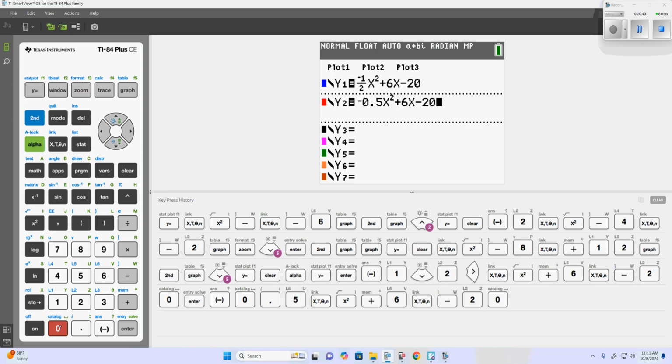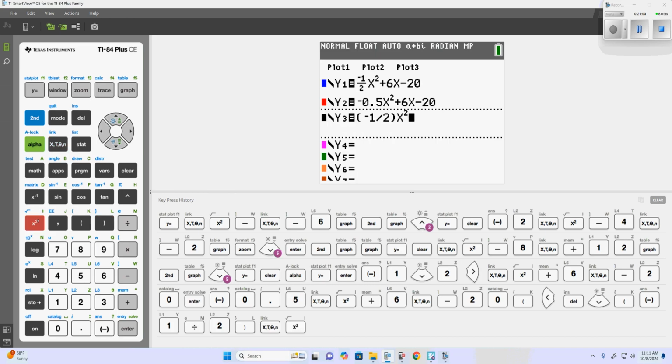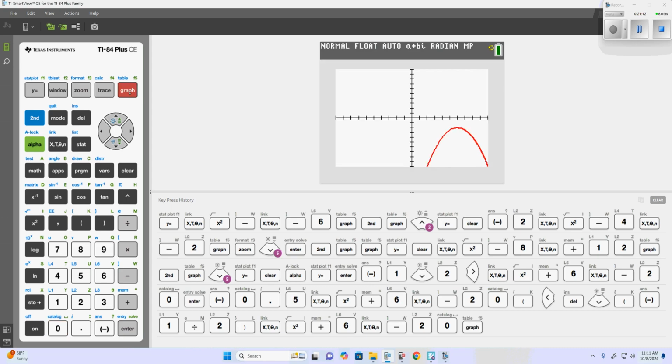I could go parentheses negative 1 divided by 2, because that is what negative 1/2 is. It's just 1 divided by 2. X squared plus 6x minus 20. You don't need all these different versions. You just need one.